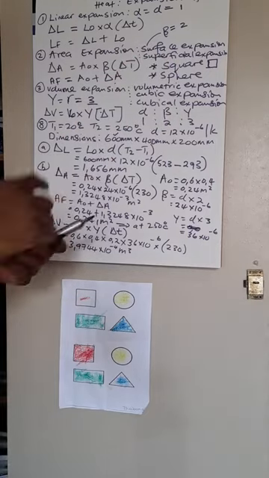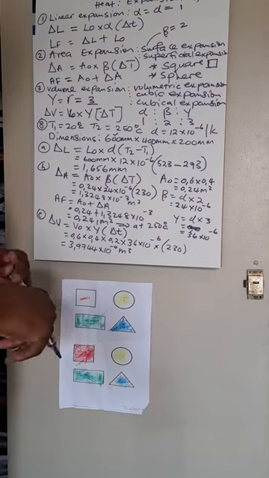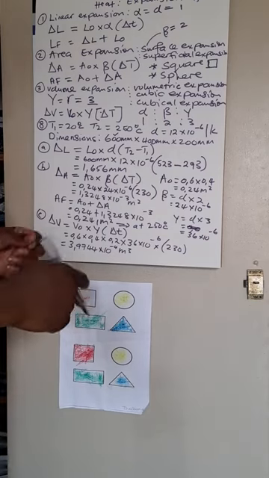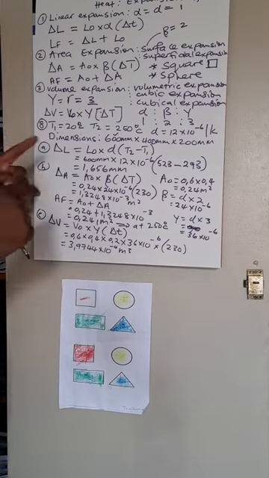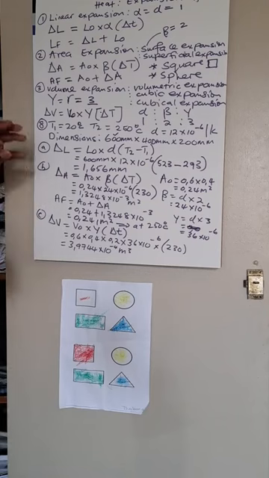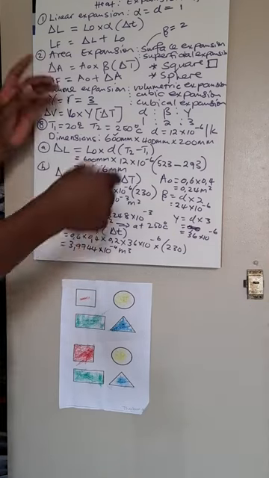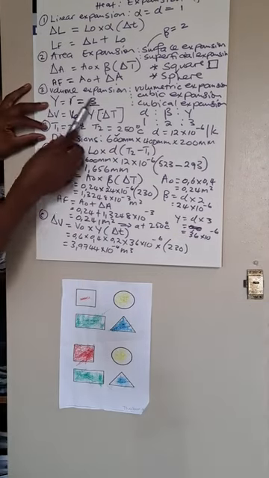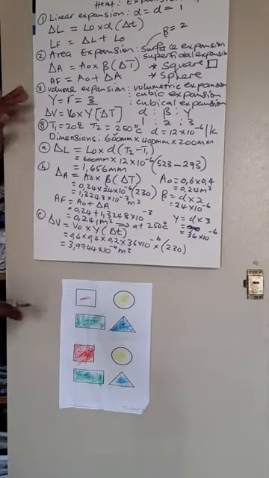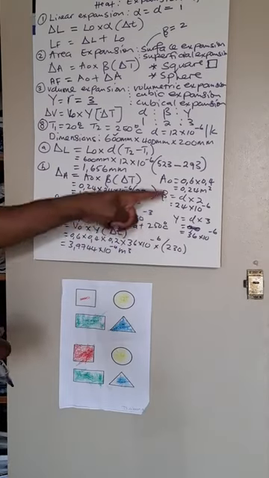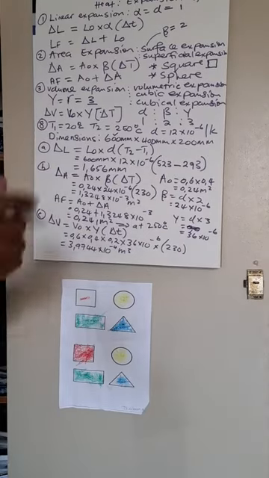Once you do that, you should be able to survive under examination conditions. Also remember, in the exam, they will deliberately give you your expansion in linear form, but we need it to be in what? Maybe area expansion or volumetric. Don't forget these few steps.